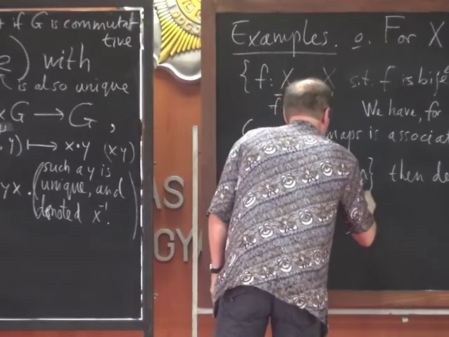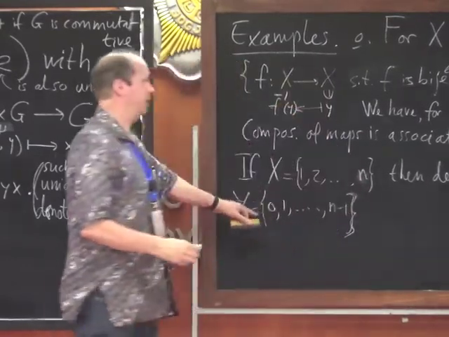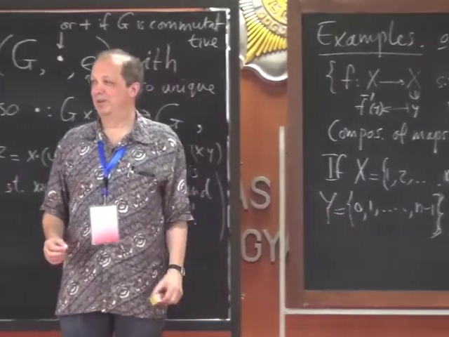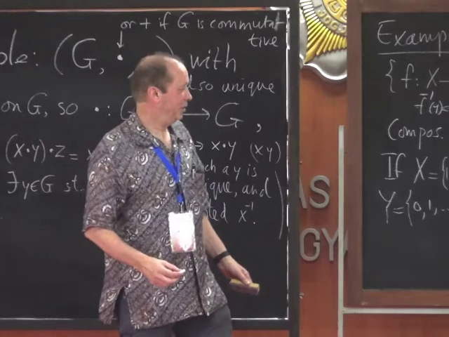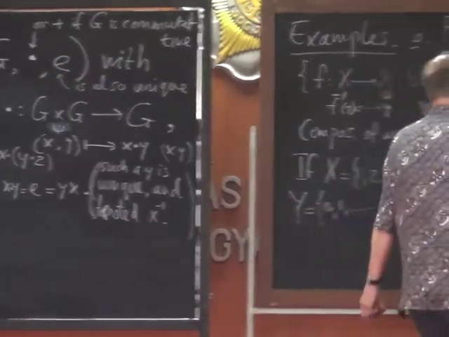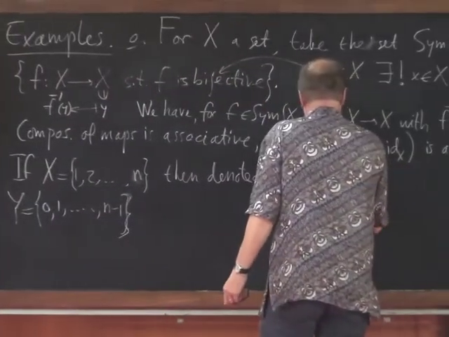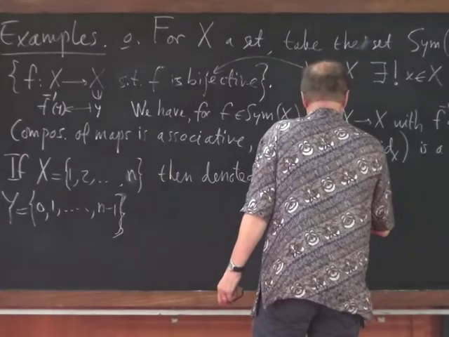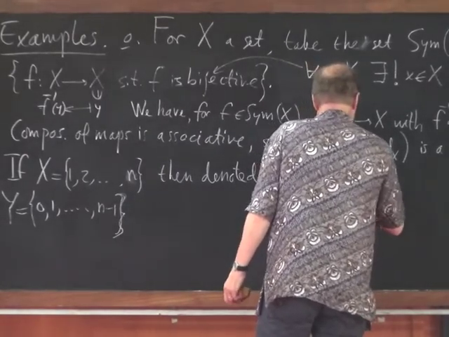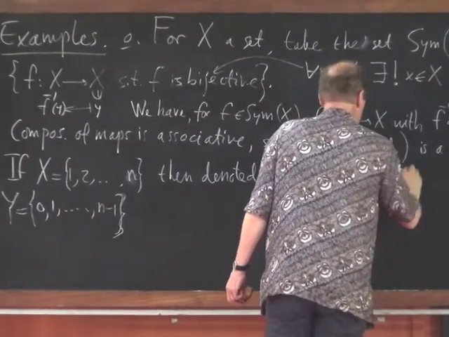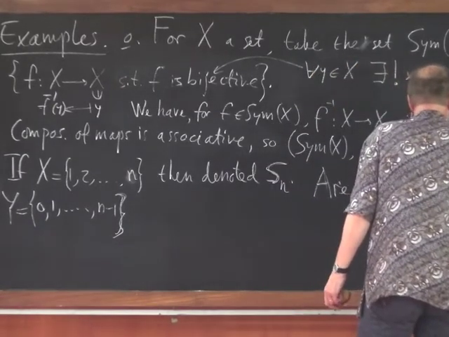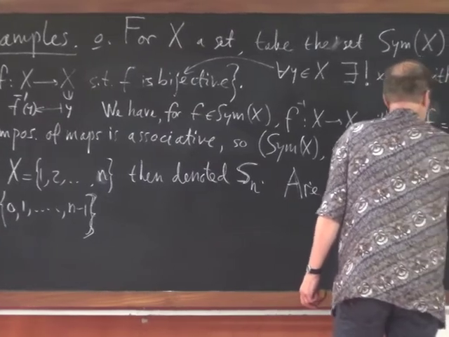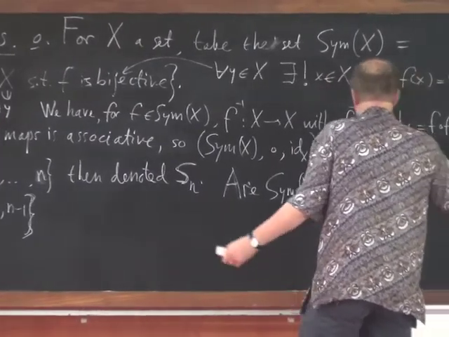This is also a set with n elements. So what do we think? Are Sym X and Sym Y the same in some sense?